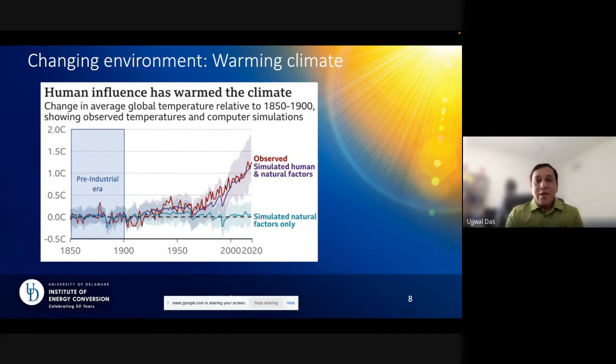However, we do see in reality a sharp increase in the average global temperature from 1900 onwards. And this can be simulated only if we consider human factors, meaning human influence.